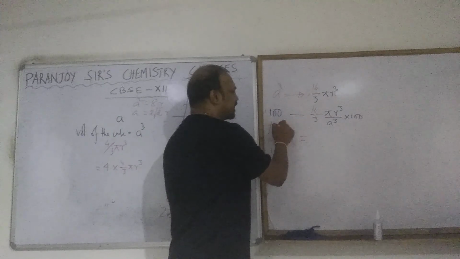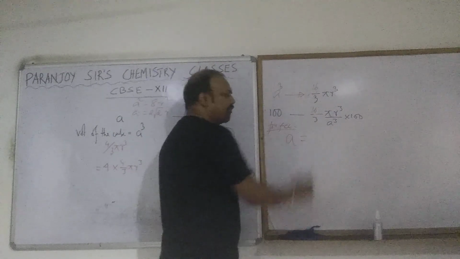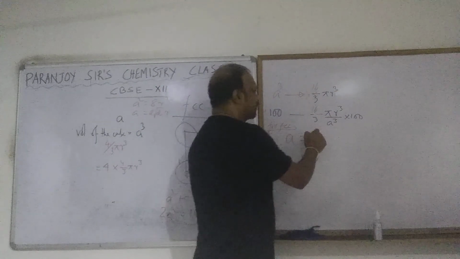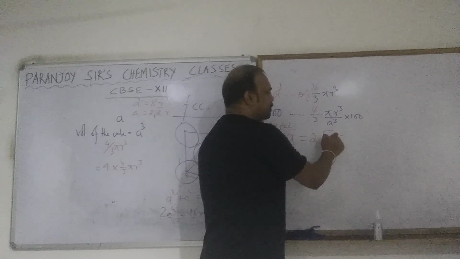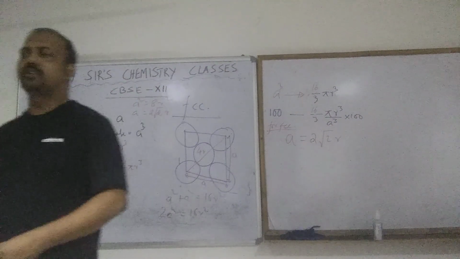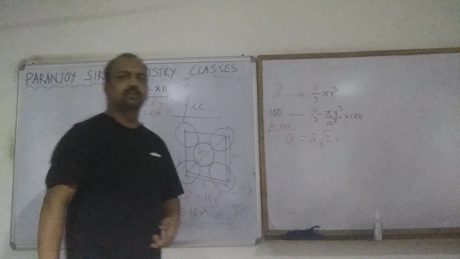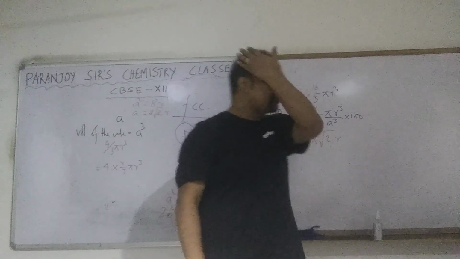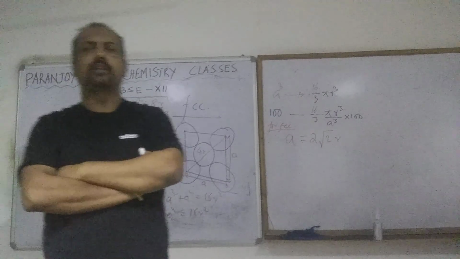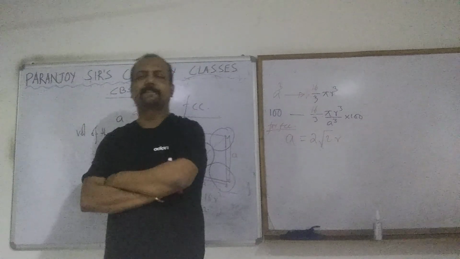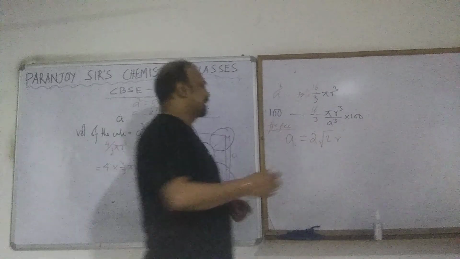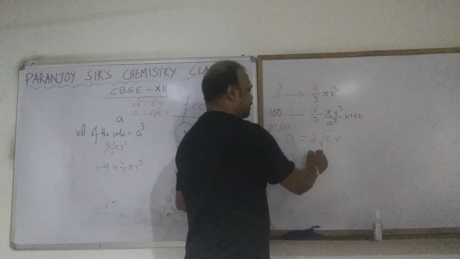For FCC, these are all important things. What is the relationship between a and r for FCC? a is equal to 2 root 2 r. Put the value and calculate it. How much are you getting? You can use the calculator.